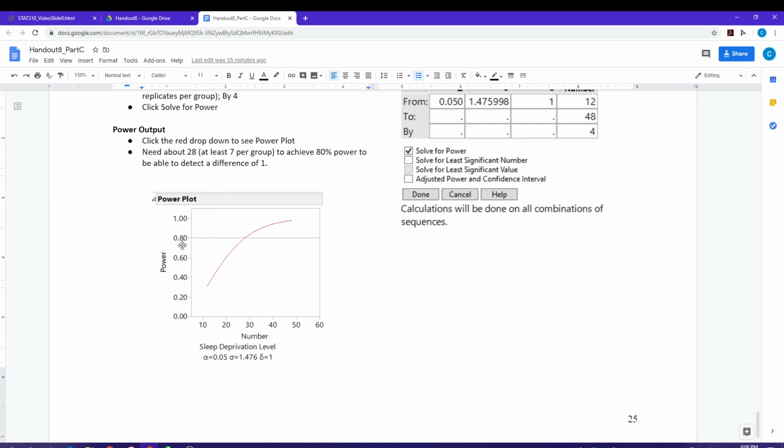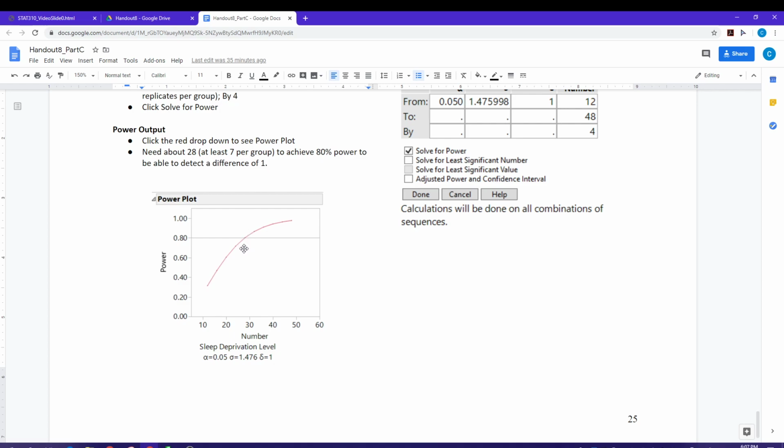So how do I use this? We usually, in our analyses, want to go after about 80% power. So I'm going to snap a line here at 80% power. I'm going to hit my power curve and drop down, and we can see that it's about 30 or so. I said 28 here because I had 4 groups. 28 divided by 4 is 7. So I need at least 7 per group.